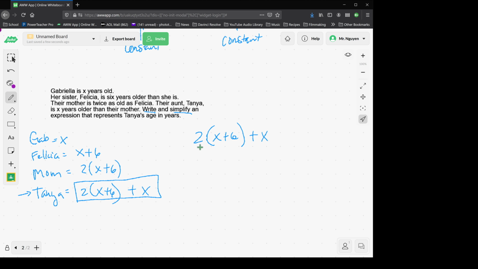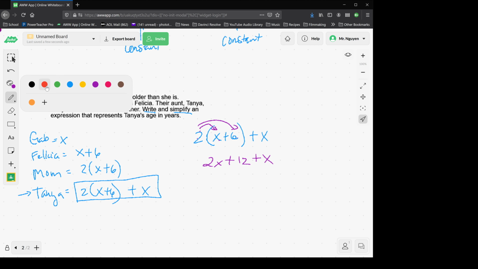So in this case, you multiply using the distributive property. 2 times x gives you 2x. 2 times 6 gives you 12. Now there are no more parentheses, no more grouping symbols, because I did the distributive property.